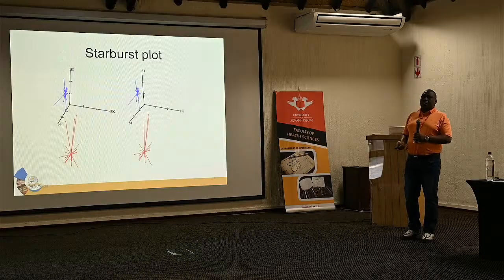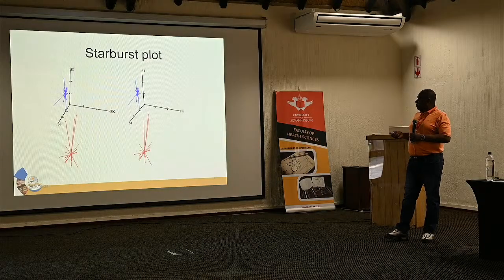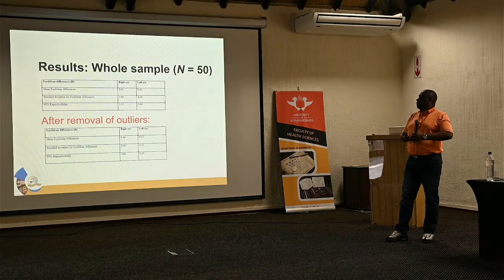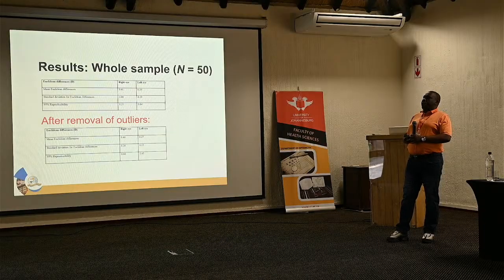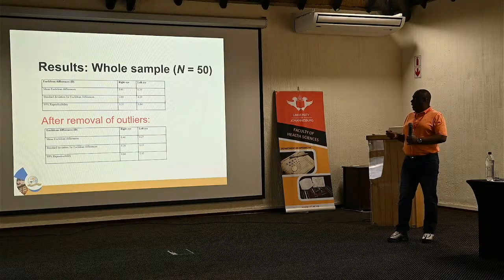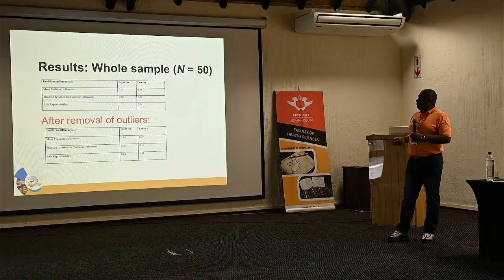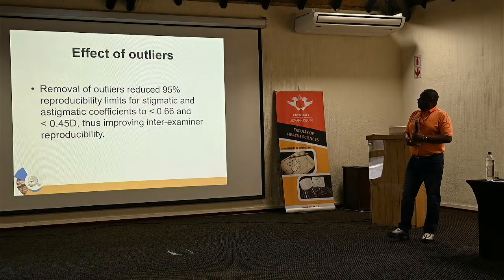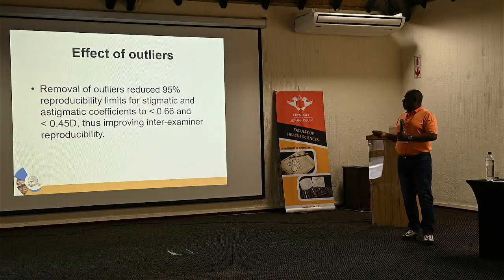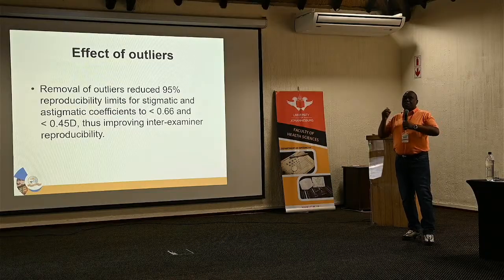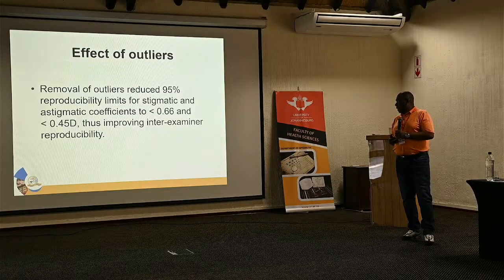And then it gave us this star plot. And from the star plot, that's where we calculated the Euclidean differences of each measurement. So here we have it with the outliers in. But after the removal of outliers, you see the means are now slightly lesser, and 90 degrees becomes less. So we saw that after the removal of outliers, the reproducibility was much better.